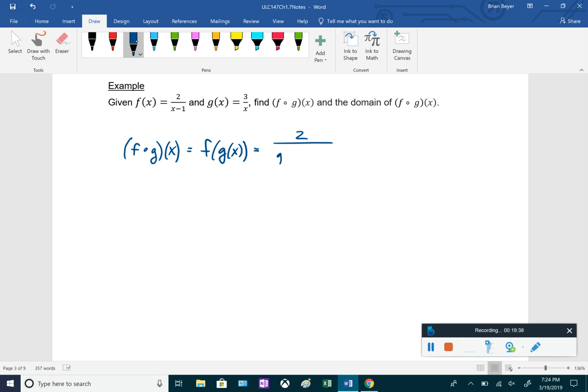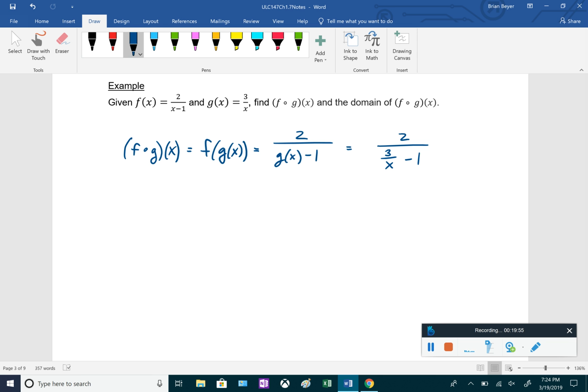Instead of x, it's going to be g of x. So 2 over g of x minus 1. And then let's plug in g of x here. So it's 2 over 3 over x minus 1.